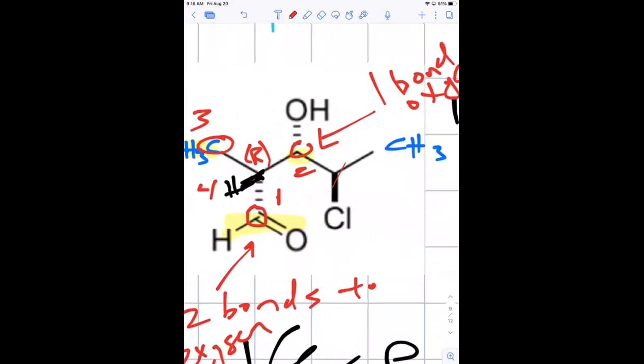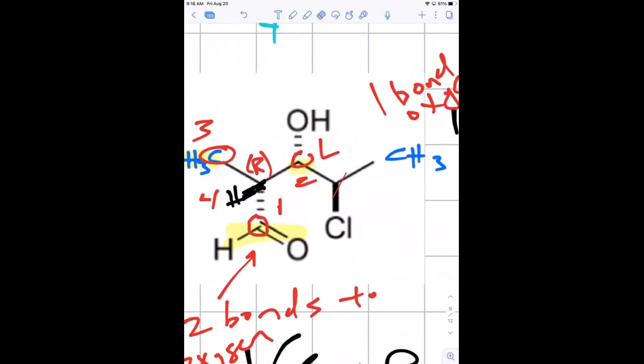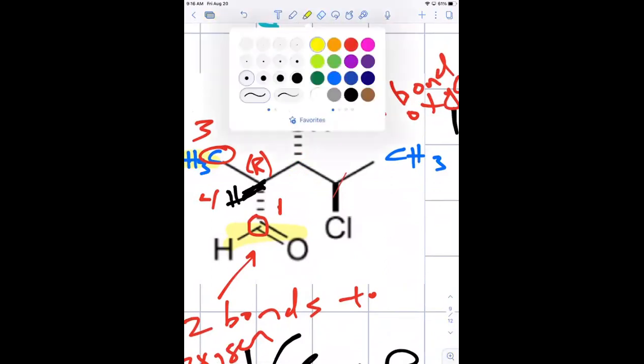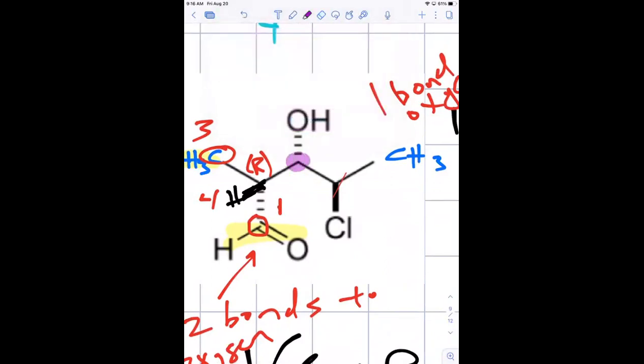All right, let's do the next one, and then we'll move on to another example. What do you think about this stereocenter right here? Let me change the color of my highlight. Which group is going to be 1? You have a hydroxyl group, oxygen, you have a carbon on that side, and you got a carbon on that side.